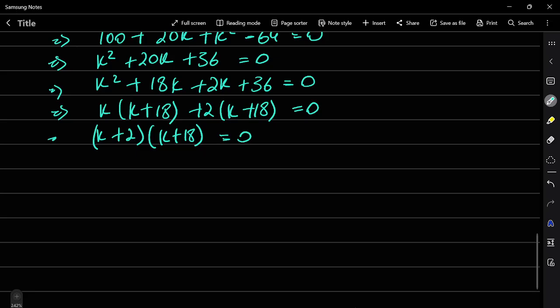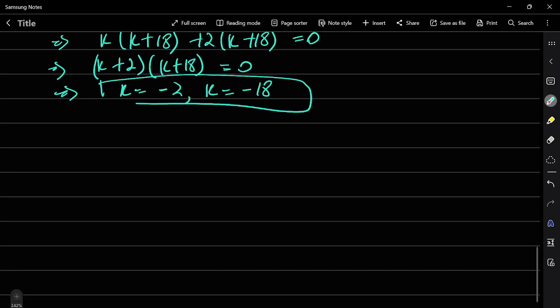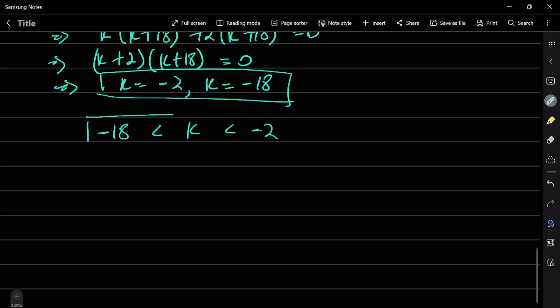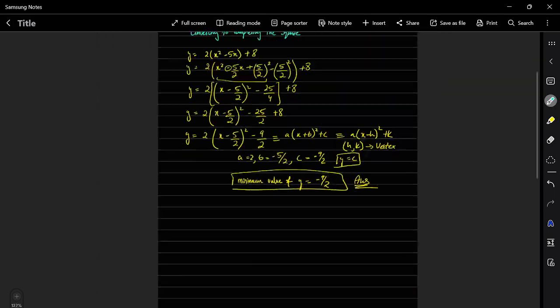When I'm going to be equating these, I'll get k equals minus 2 and k equals minus 18. So these are my values, and the range is going to go something like this. So minus 18 is going to come first, then k, and then minus 2. So this is the answer. And congratulations, we're done with this question.